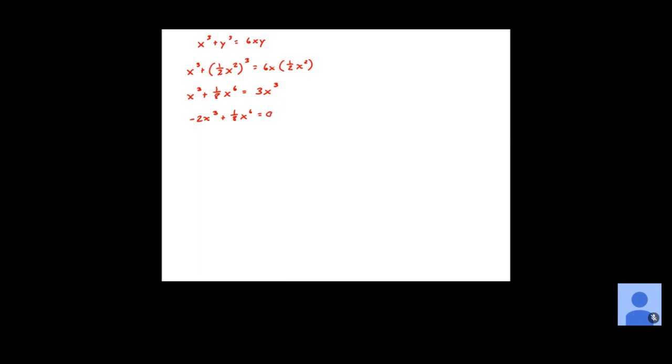At that point, if you want to, we can get rid of the fraction. What would you have to multiply through by to get rid of that fraction? 8, right? So if I just multiply this entire equation now by 8, it's going to give us negative 16x cubed plus x to the 6th equals 0, right? So we're multiplying both sides by 8 here.